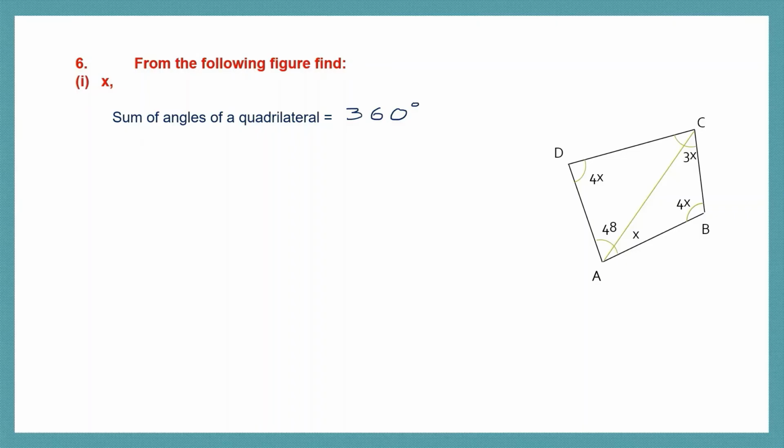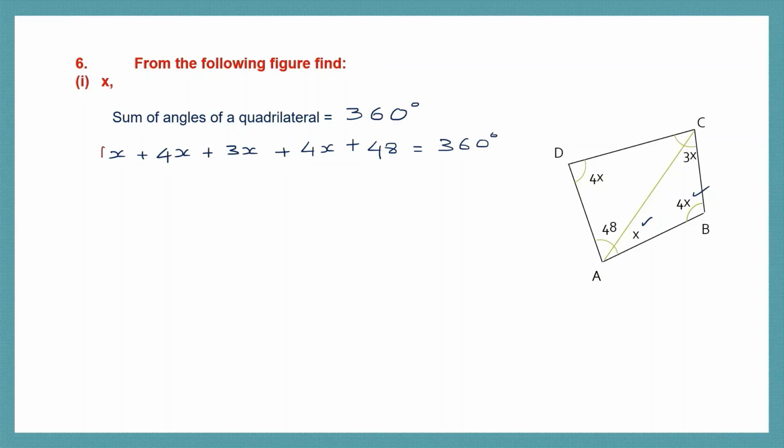So let's start with angle A. We're starting with x, then 4x, plus 3x, plus 4x, plus 48 is equal to 360 degrees. Let's add up all the x together and see what we get.